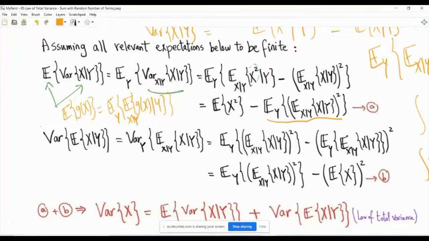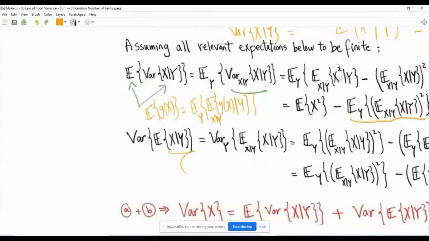Okay, so now the variance of the expectation of x given y. The expectation of x given y is a function of y, and so we can compute its variance. What is the variance of a function of y, the variance of g of y? Well, variance is variance.